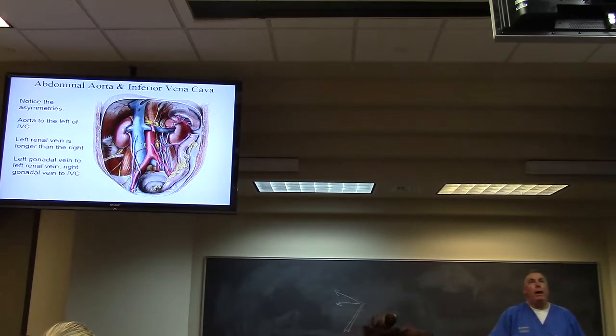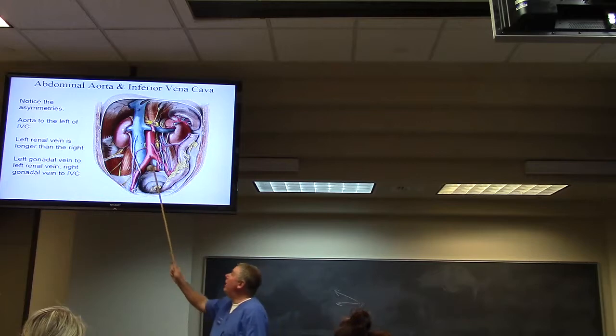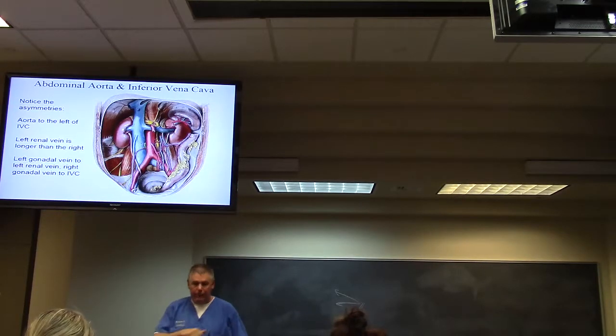All right, abdominal aorta and inferior vena cava. This is some anatomy you need to appreciate. You need to know this, actually. The aorta is on the left. The inferior vena cava is on the right.